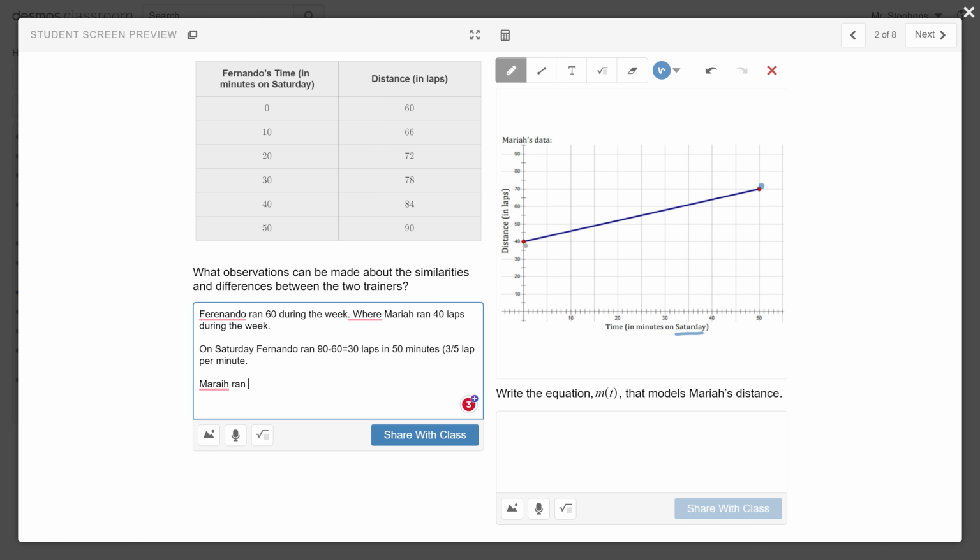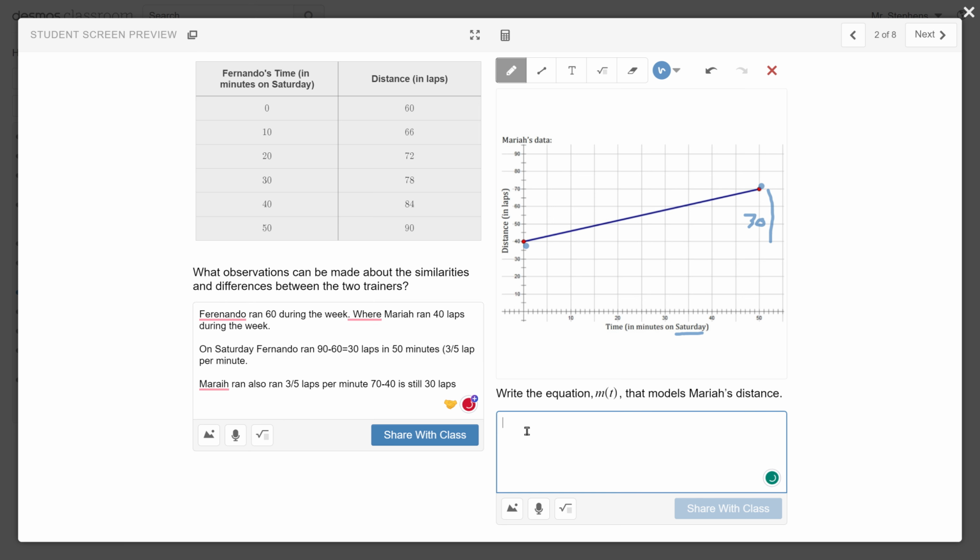Because they're running together, 70 minus 40 is still 30 laps.